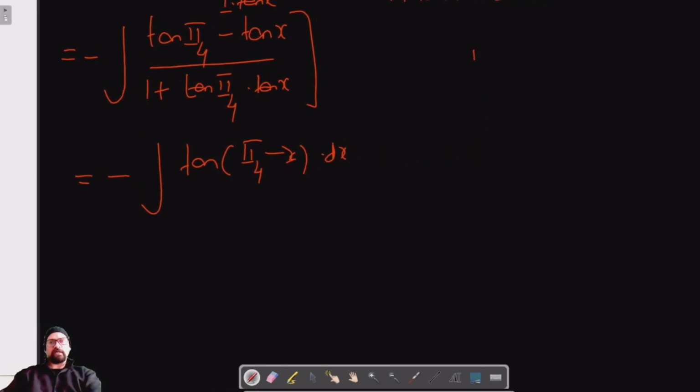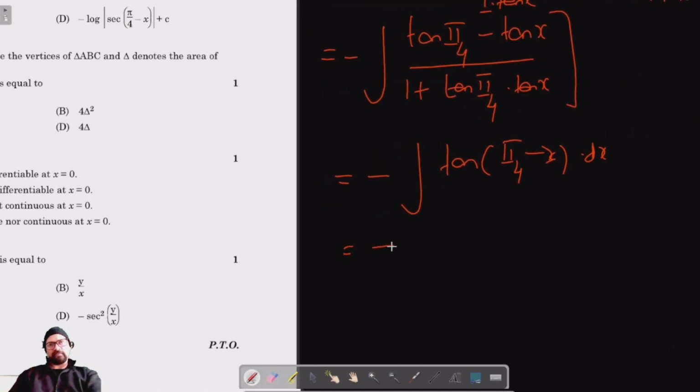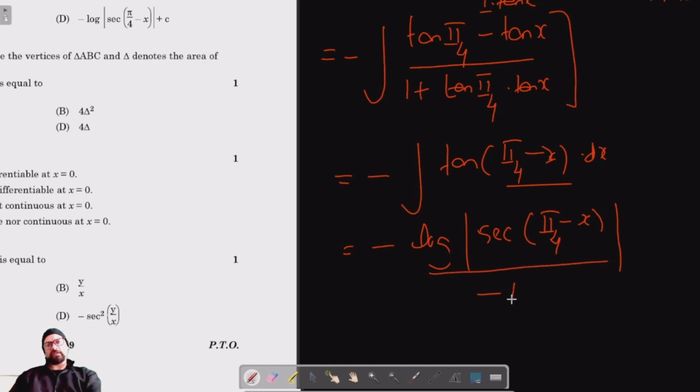Now integration of tan x, we all know, is log of secant x. So this is now negative log of secant of pi by 4 minus x, which has to be divided by the differentiation of pi by 4 minus x, which is negative 1.